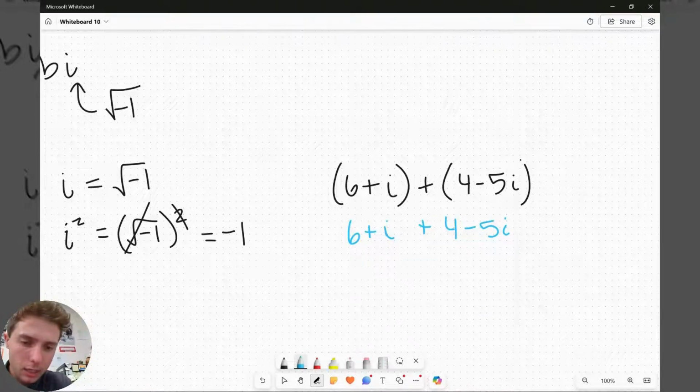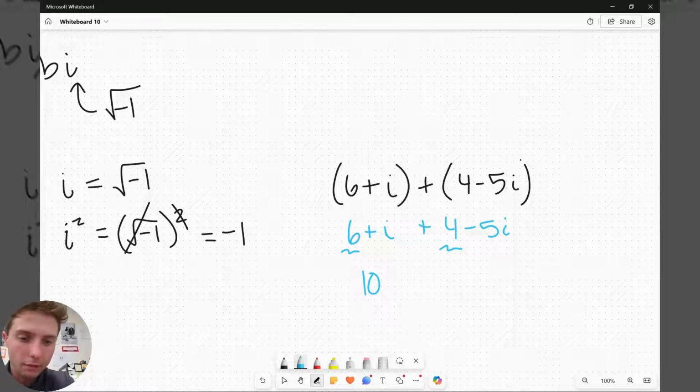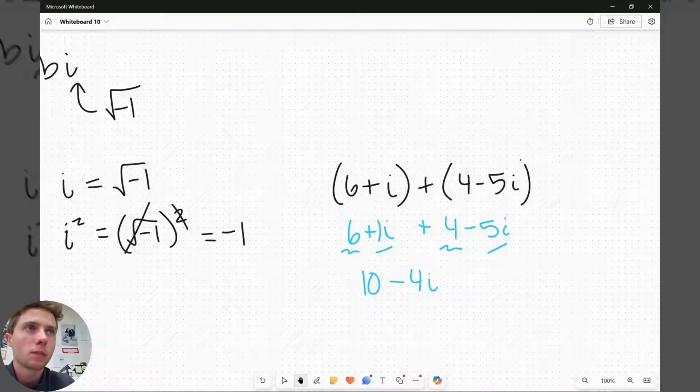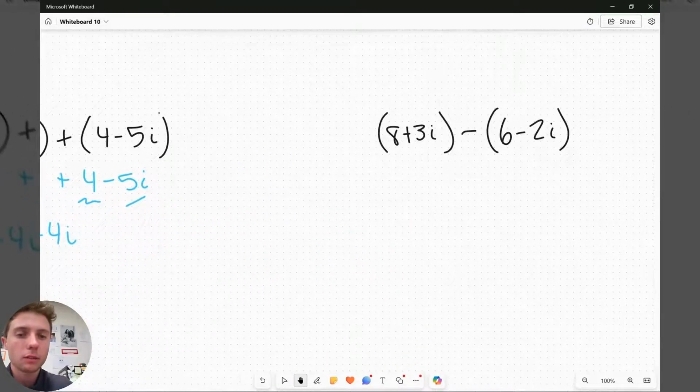From there, this is pretty easy, since all I have is like terms. 6 plus 4, those are both constants, and they add to 10. I have 1i and negative 5i. Those are both like terms, so combining the numbers in front, positive 1 minus 5 gives me negative 4, and the i comes with it. That would be our answer to this first problem, just adding two complex values.